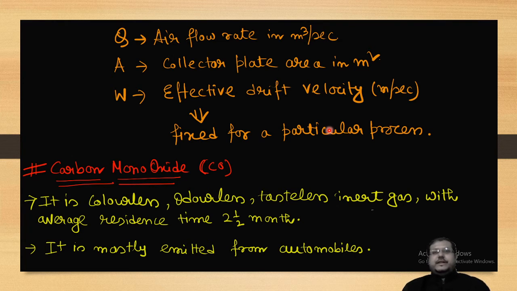In the Deutsch-Anderson equation, Q is the air flow in meter cube per second, A is the collector plate area in meter square, and W is the effective drift velocity, which is fixed for a particular process.